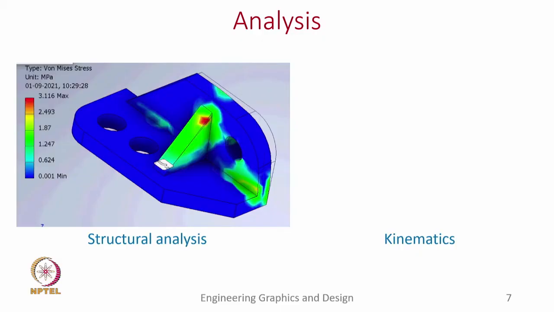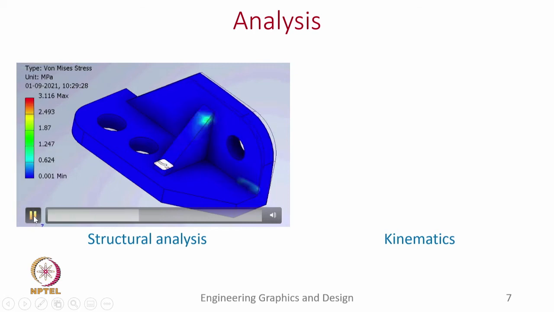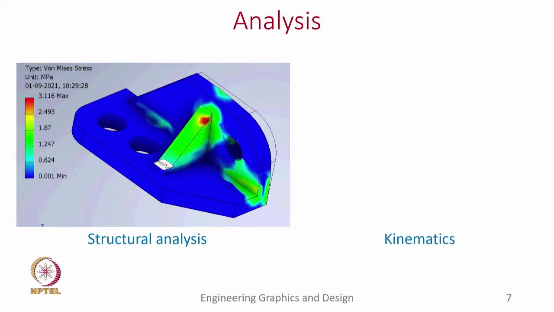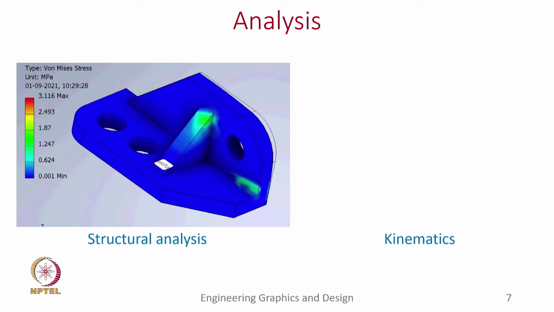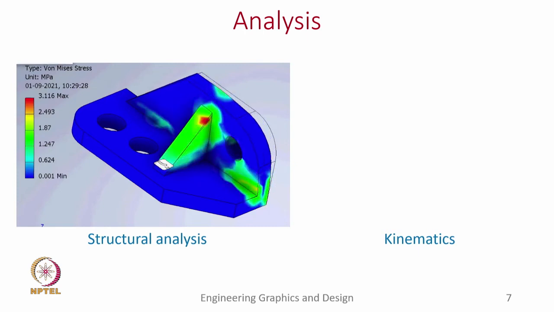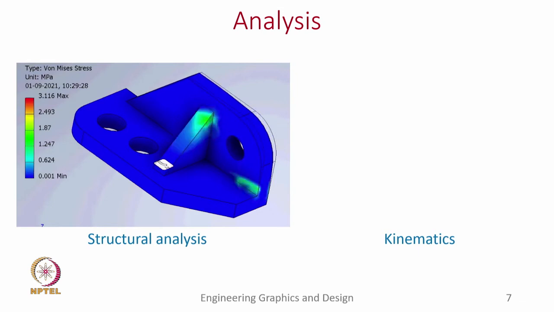There are many analyses engineers do in an industry or at a workplace. They include structural analysis. For example, what I show here is a bracket, and once you apply a load it deflects. When it deflects it induces stresses in this object, and as a designer one may need to know whether these stresses are within the allowable limit or not.